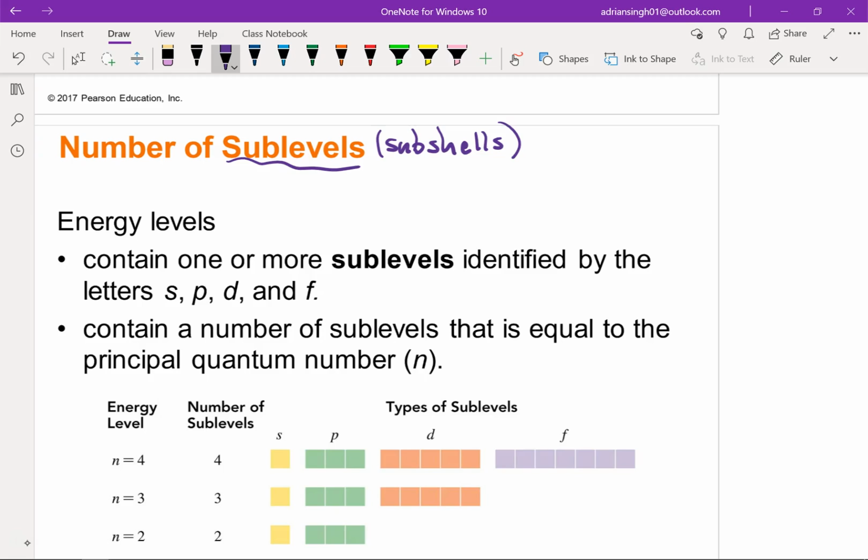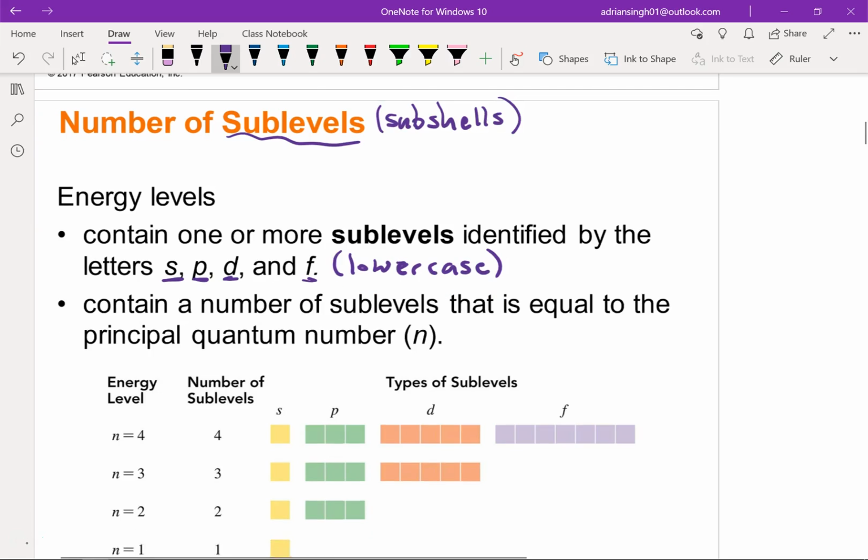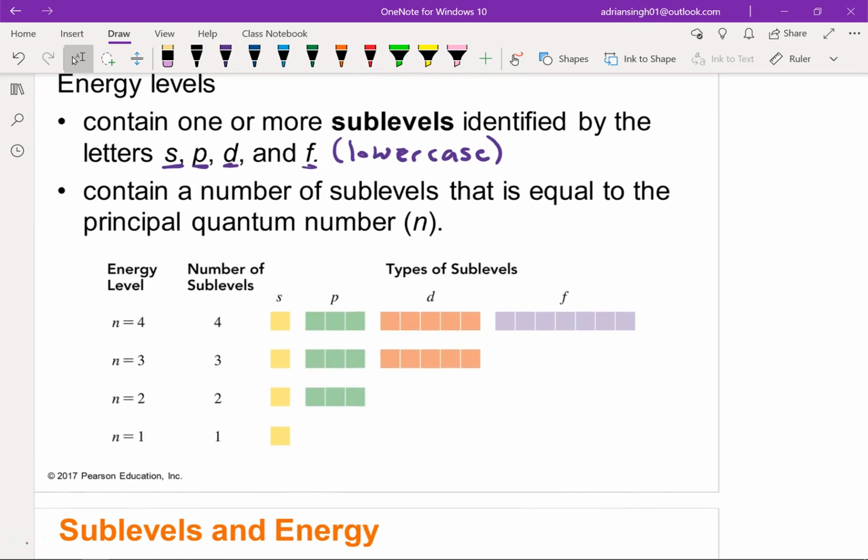These are designated not by numbers, but by letters. They can be an S, P, D, or F, and these are all lowercase designations. Okay, so don't capitalize them. And these principal energy levels, n equals 1, n equals 2, etc., contain a number of sublevels that is equal to whatever that n value is.